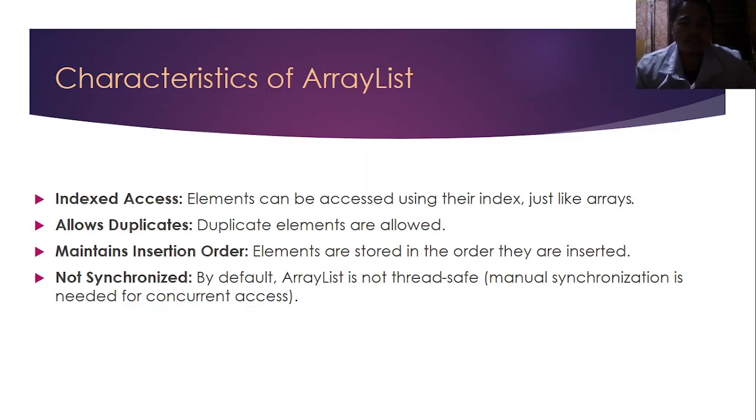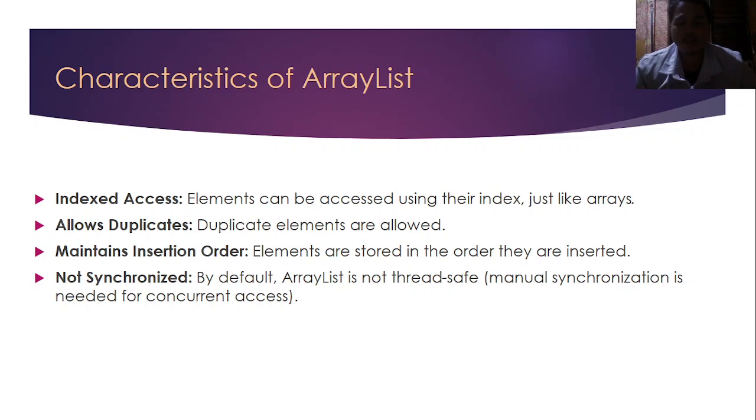And let's talk about the characteristics of an ArrayList. It has index access. Elements can be accessed using their index, just like arrays. And about index, it starts with 0 and it ends at however many elements you have used. It also allows duplicates.